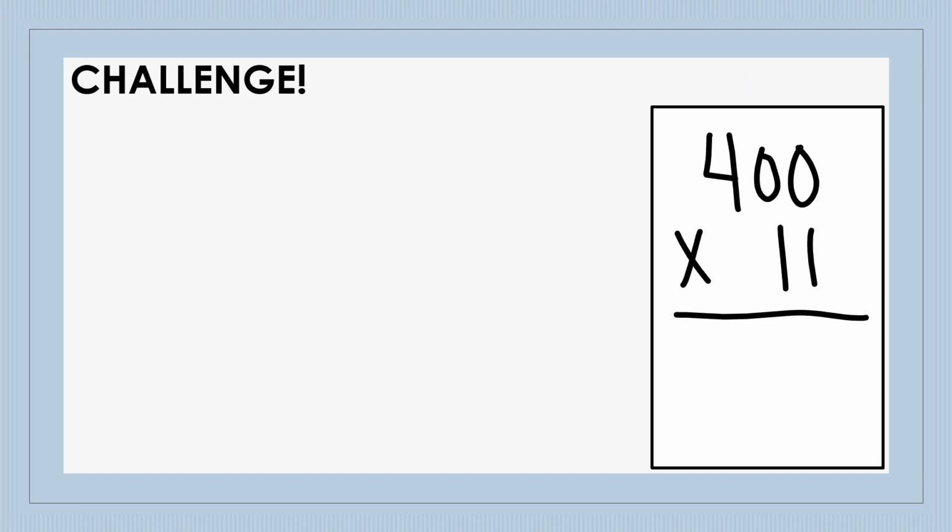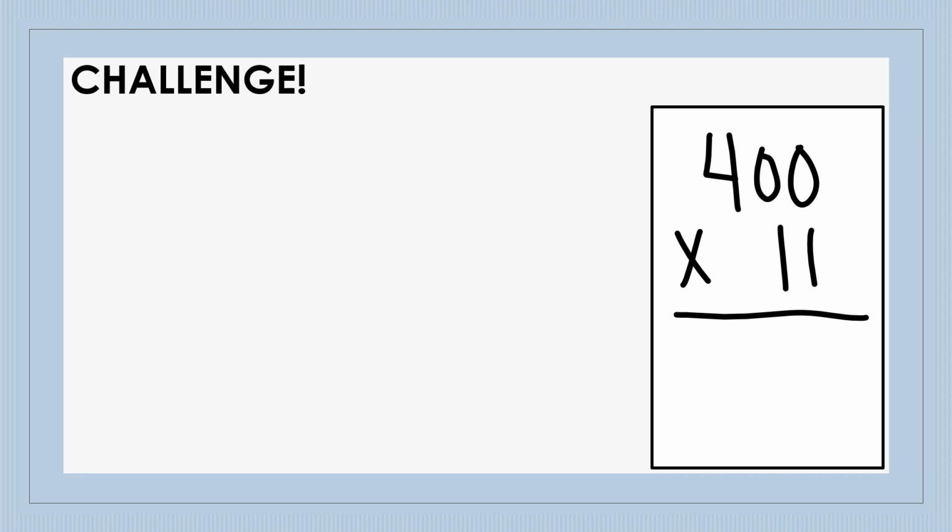Okay, so now we're going to try this super duper challenge problem. 400 times 11, or 11 groups of 400. So 11 is a pretty big factor here. So I'm going to decompose this 11 into friendlier numbers.